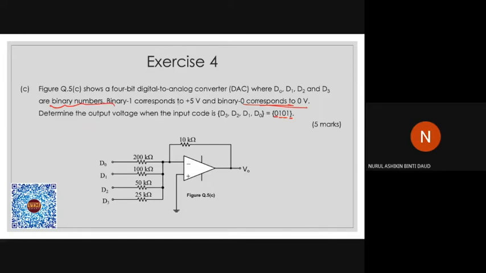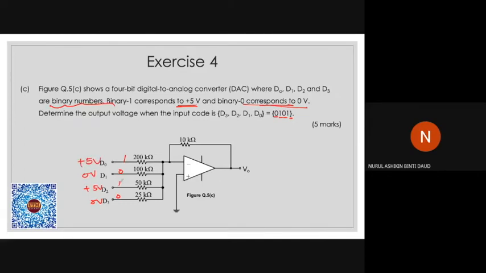And 1 will represent the input signal is positive 5 volts. So D3 to D0, this binary is 0, 1, 0, 1. So at D3, the input signal is 0 volts. At D2, the input signal is positive 5 volts. At D1 it is 0 volts, and at D0 it is positive 5 volts.